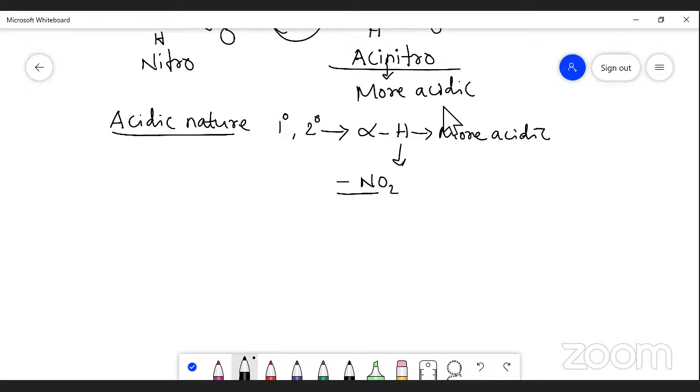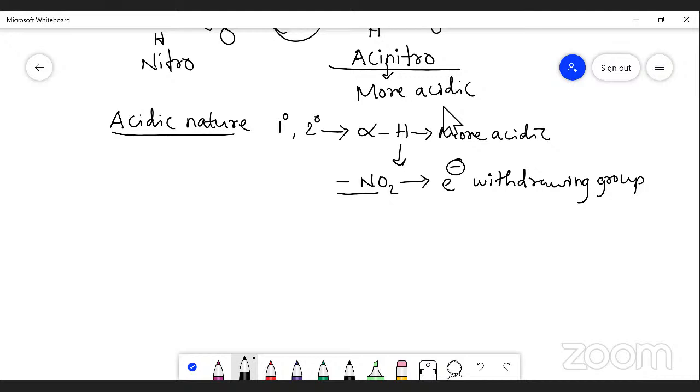This NO2 group, we know that it is an electron withdrawing group. So if you take the acidic character, generally these are more acidic.